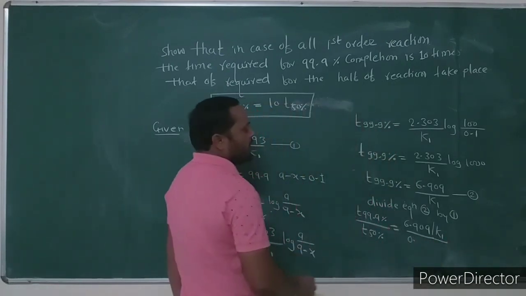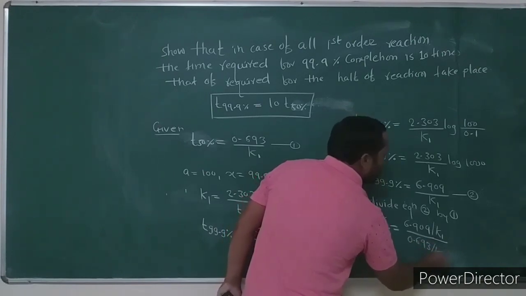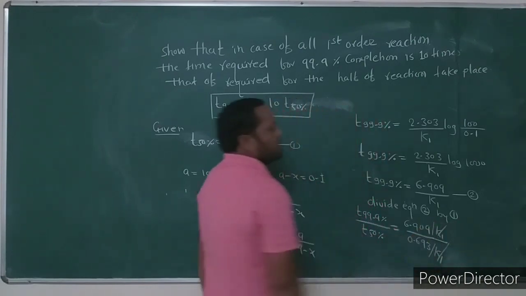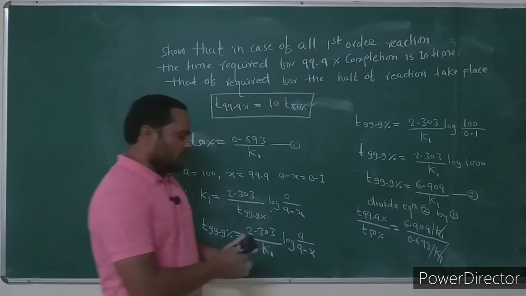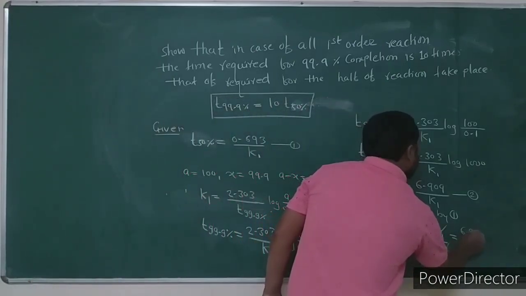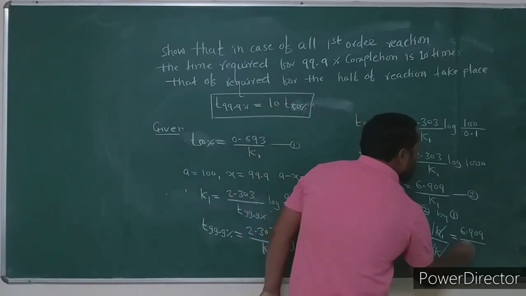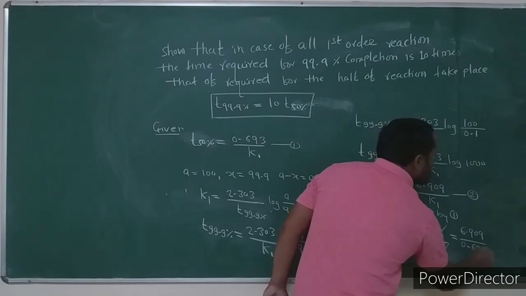Then what is the value of T half? 0.693 divided by K1. This K1 gets cancelled, and it is equal to 6.909 divided by 0.693.